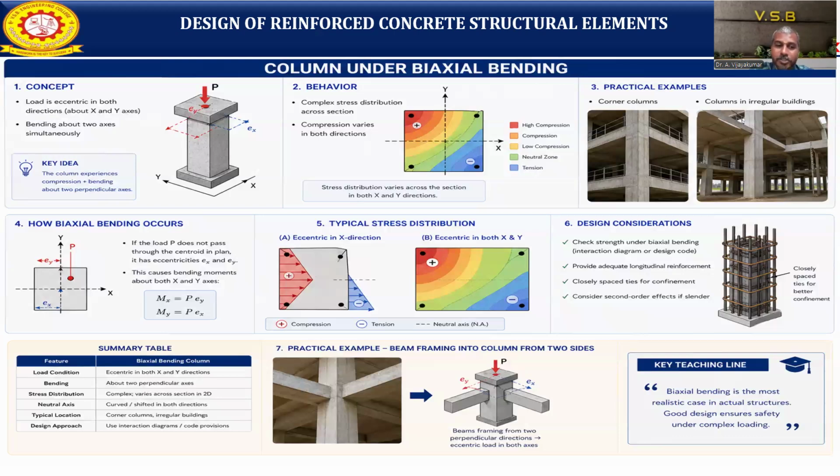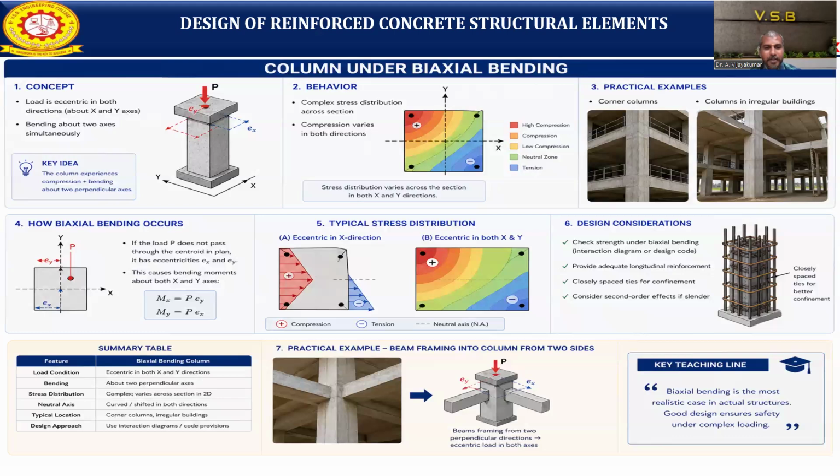The stress distribution is complex, varying across the section in two dimensions. The neutral axis will be curved and shifted in both directions, not uniform. The typical locations are corner columns and irregular buildings. For the design approach, we can use the interaction diagram and code provisions to design the biaxial bending of the column.